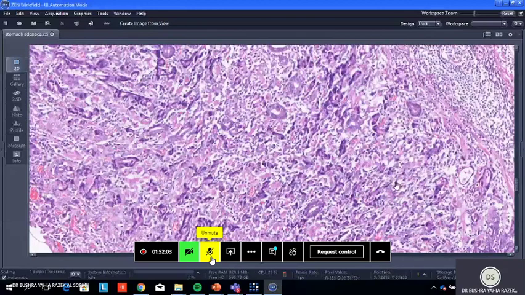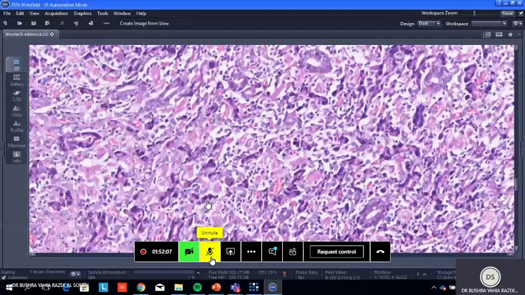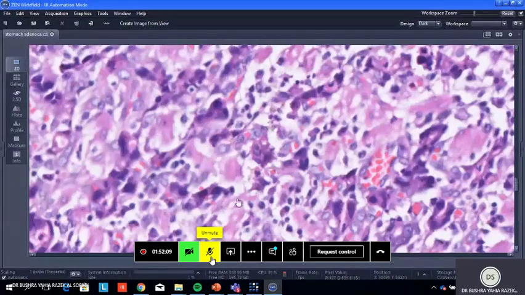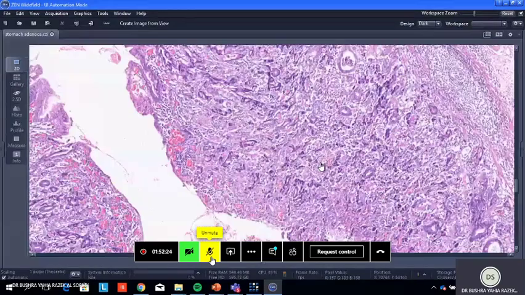They are invading the lamina propria. Can you see the malignant cells dispersed within the lamina propria? No proper gland around, isn't it?